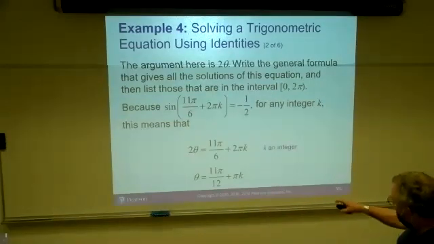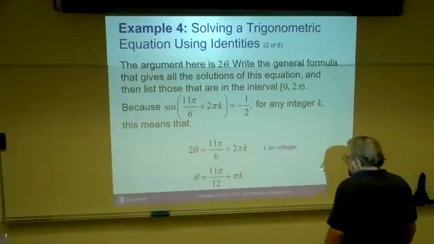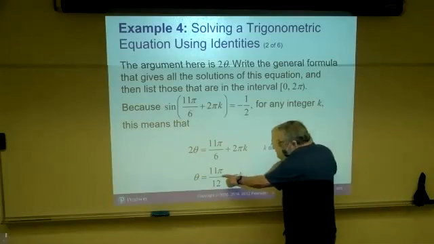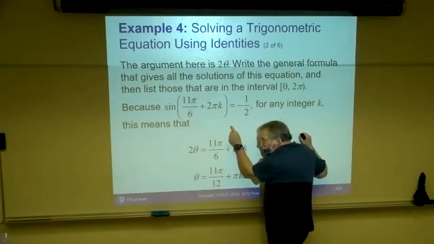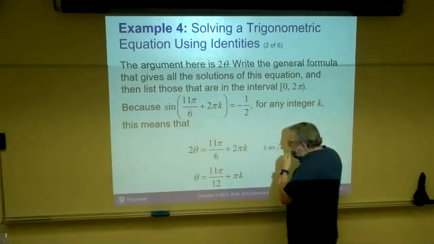Or plus pi. So that's going to be 11 pi over 12, which is in the second quadrant, but sine is positive there. Well, it doesn't matter.